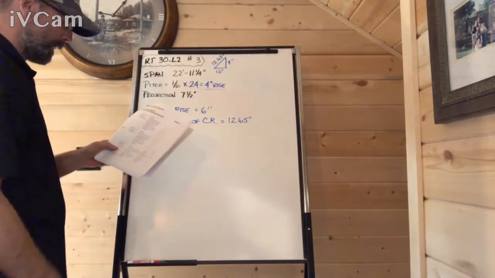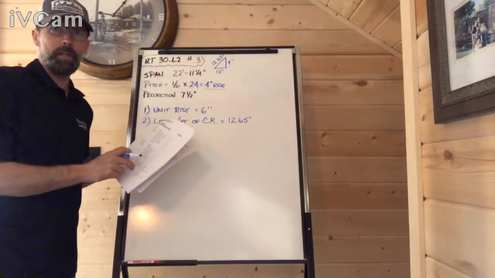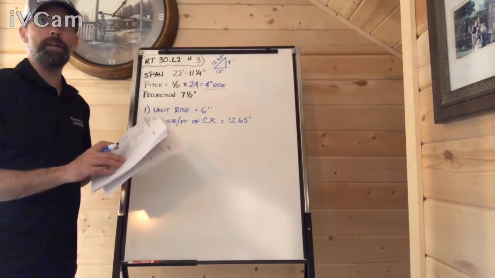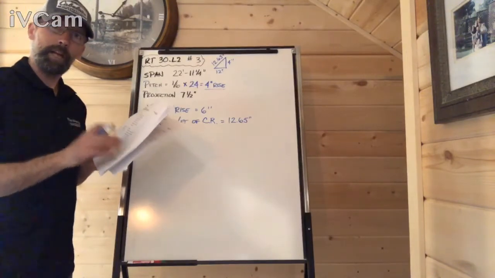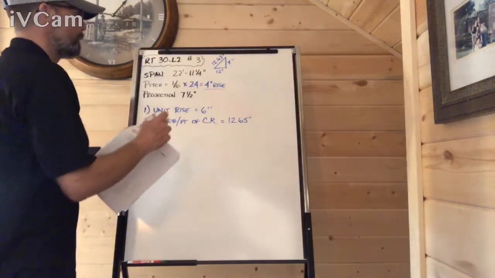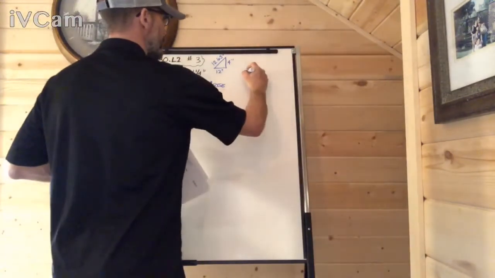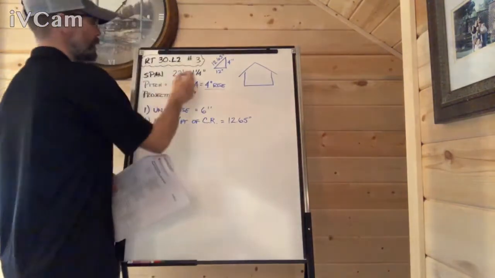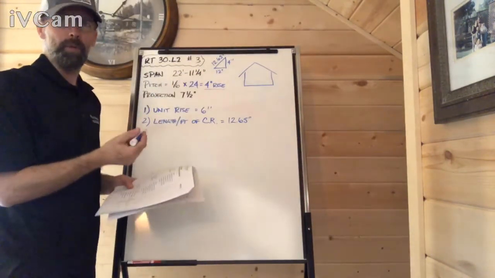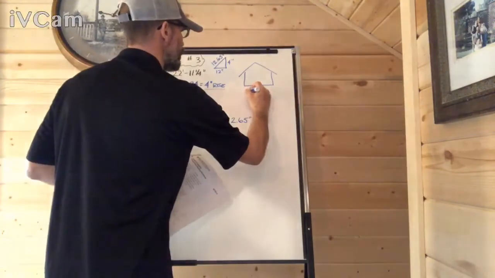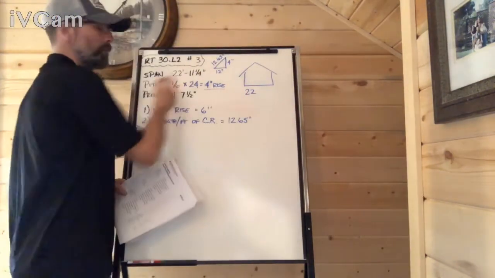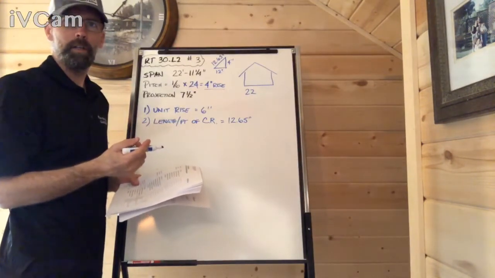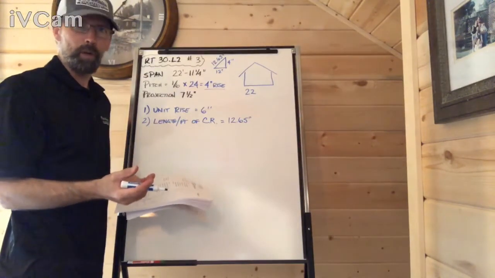Next one is half the span as a decimal, is what it says on your worksheet. I said that we don't want to just halve the span as a decimal. Let's take the span and convert it into units of run. So our span right now of our building is 22 foot 11 1/4. Well, how many units is that? I know that I have 22 full units. Then I've got 11 1/4 inches of a unit, a full unit being 12.